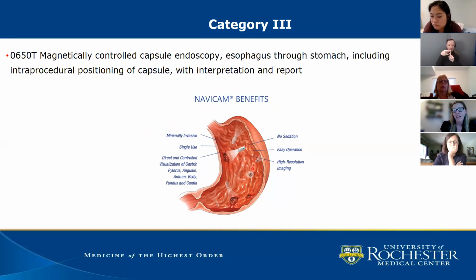Because it's magnetically controlled, the provider can actually move the capsule within the patient's body on their own. So it's not just going with the flow of the body. They can make it go up, down, sideways, and they can zoom in on certain areas. So it's very interesting.